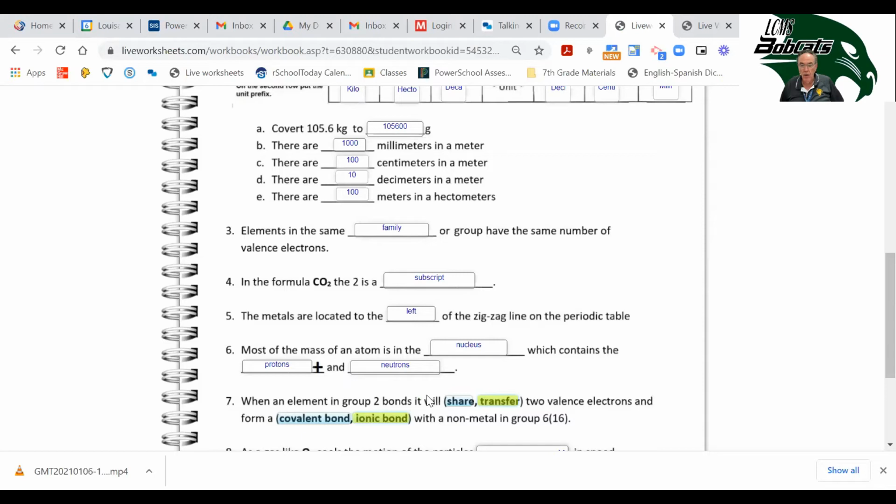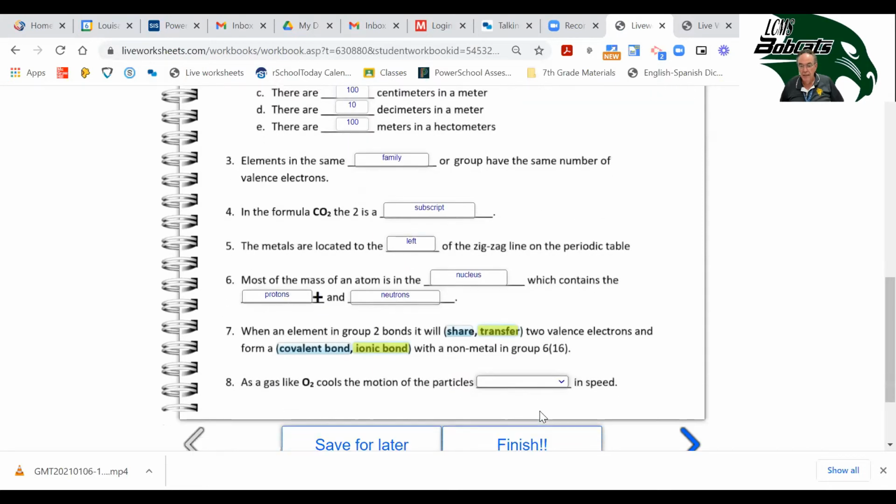Remember, ionic bonds were always between a metal and a nonmetal. In group 6 or 16, we have the 2 plus the 6 is 8, which is a full energy level. As a gas like CO2 cools, the motion of the particles slows down because they get less energy, so they would decrease in speed.